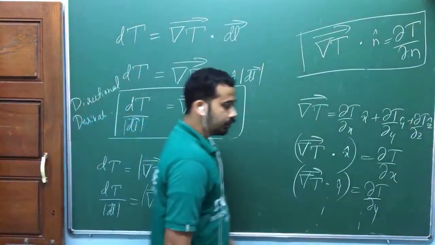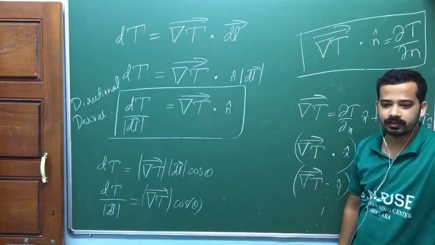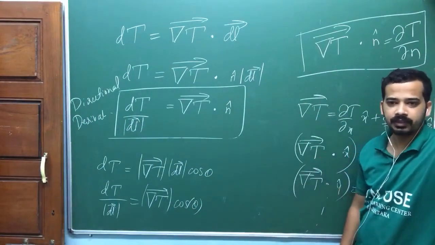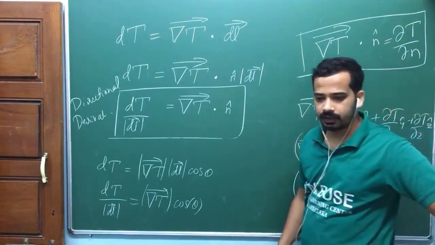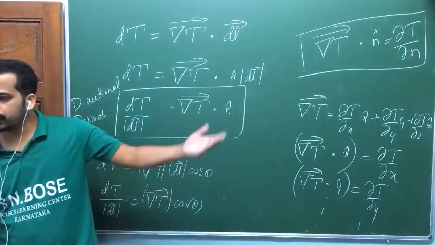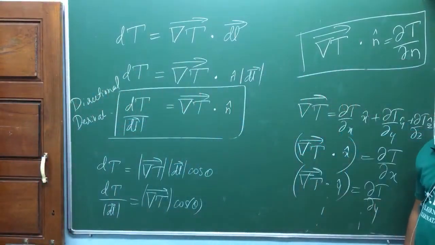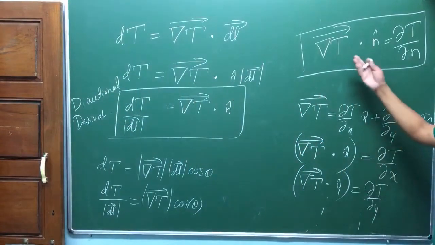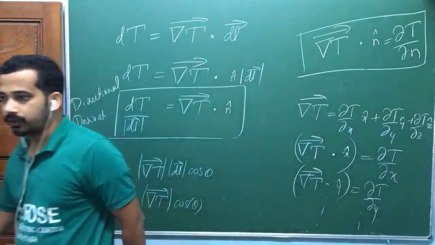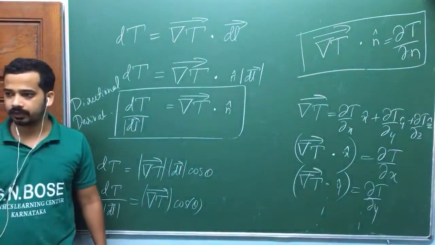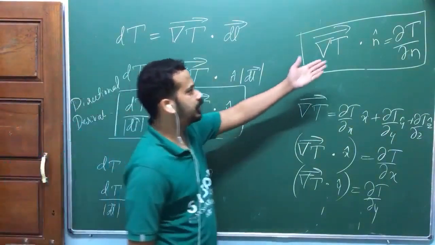Now look at here. Gradient helped us to find the derivative in any particular direction. I told you there are infinitely many derivatives. From a point you can move in infinitely many ways, and there are infinitely many rates of change. Any particular rate of change you can obtain from the gradient.